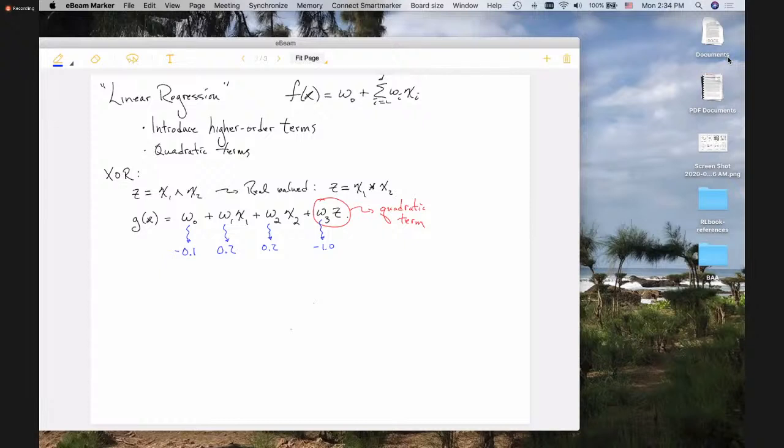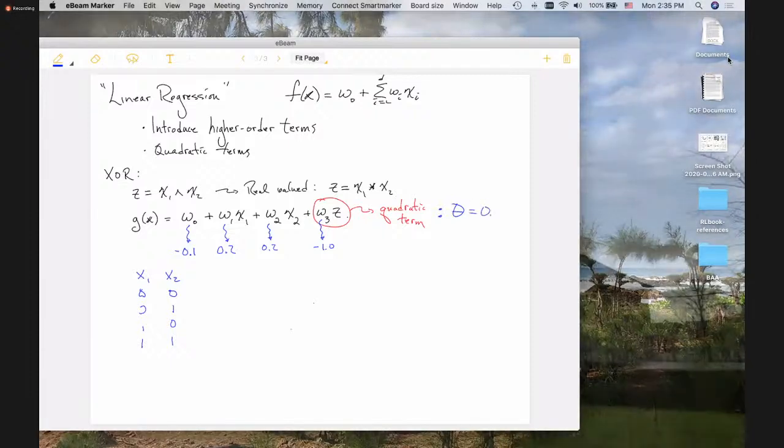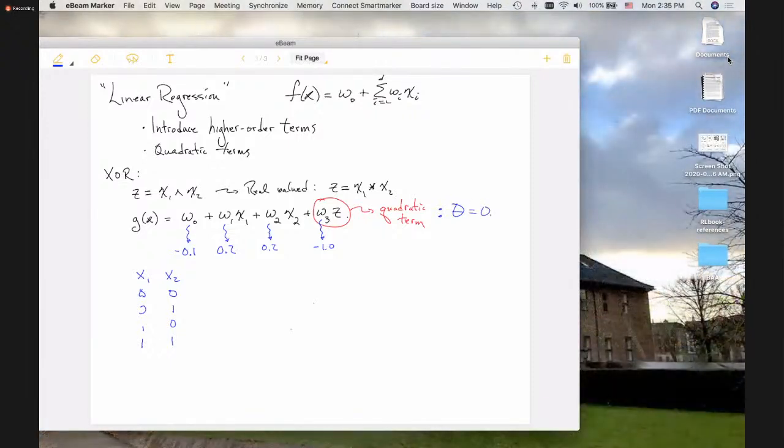Now, remember, this is our truth table. And we're going to be comparing this to a threshold of 0 by assuming that we've actually pulled that threshold into the W0 term.